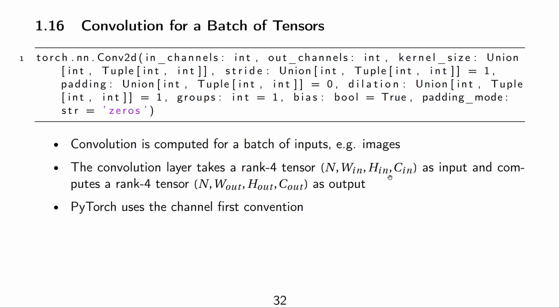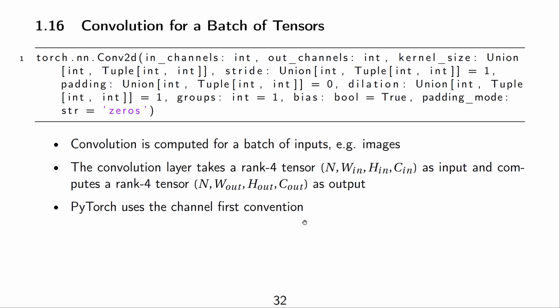These are the 4 axes of the rank 4 tensor: the number of samples, so how many rank 3 tensors we have, the spatial resolution, width and height, and the number of input channels. The output rank 4 tensor needs to have the same number of samples as the input tensor, but the spatial resolution and the number of output channels can be different for each of the output rank 3 tensors.